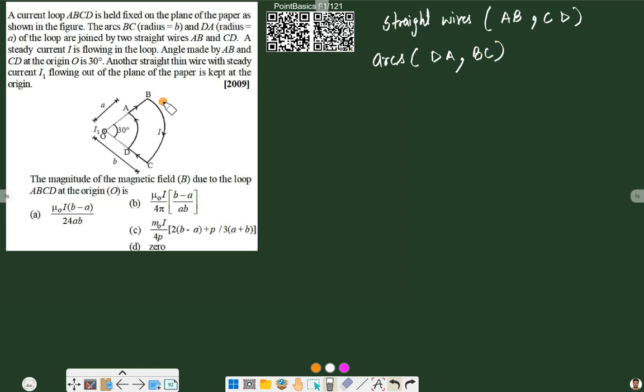Now, as we can see from the diagram, this point O lies on the axis of this line AB, and point O also lies on the axis of line DC. So due to segments AB and CD, there will be zero magnetic field.